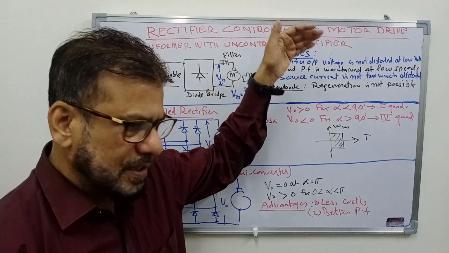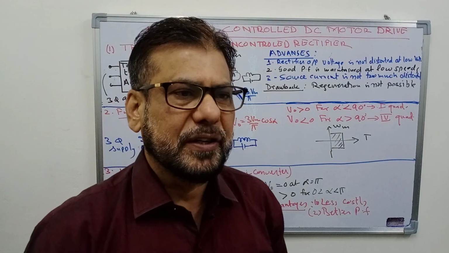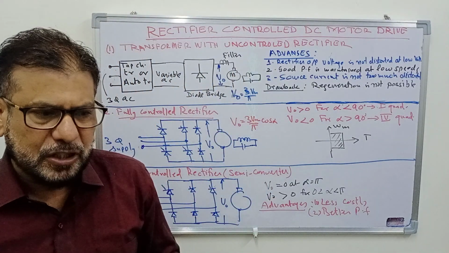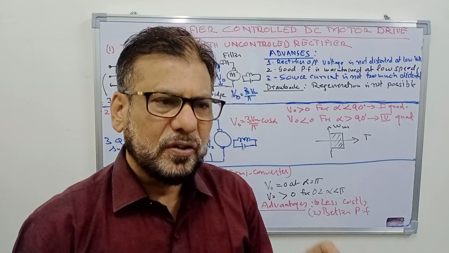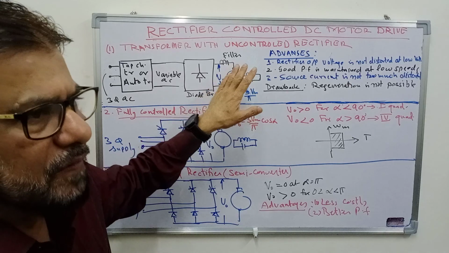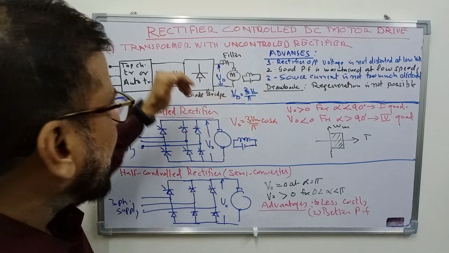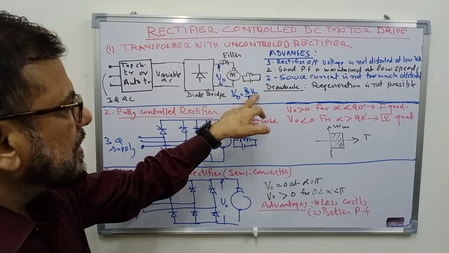This is unlike the controlled rectifier, where the output voltage waveform gets distorted. At low voltages, we require a high firing angle, and that distorts the voltage wave shape. So the voltage received by the motor will be identical, whether it is a high voltage or low voltage. The only thing is that the value of Vm will change.